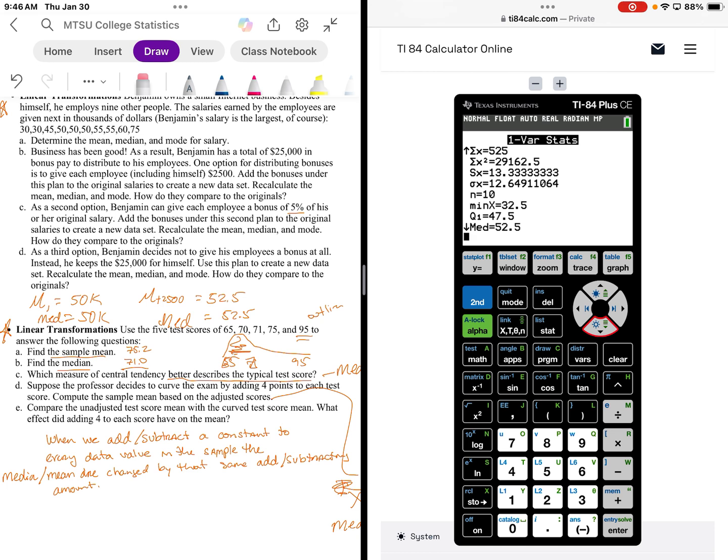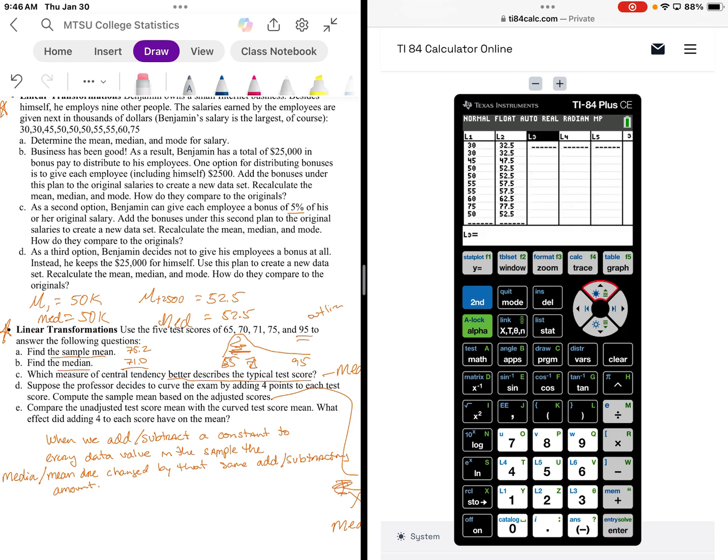All right, let me think about this one as we get ready to put it into column 3. Long-handed on a piece of paper, we would take each person's salary, multiply it by 0.05, get an amount, and add it back to the original, and that would be their new salary.